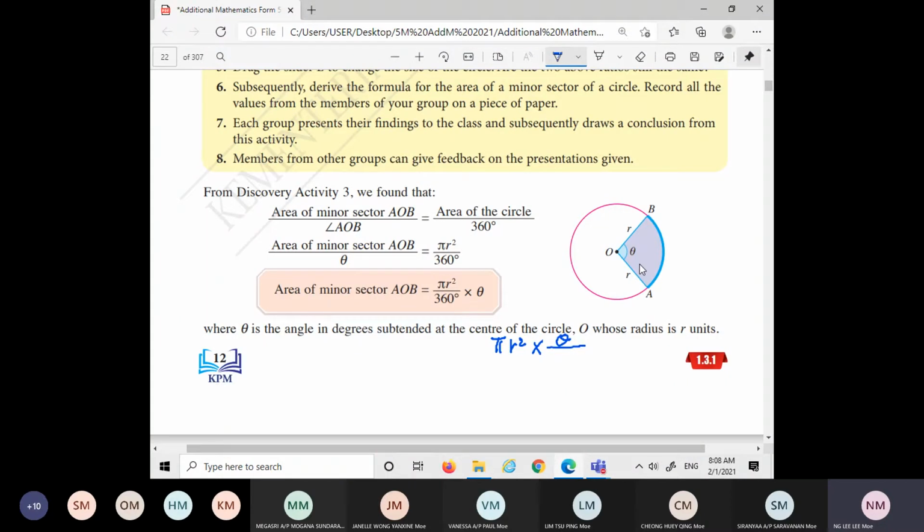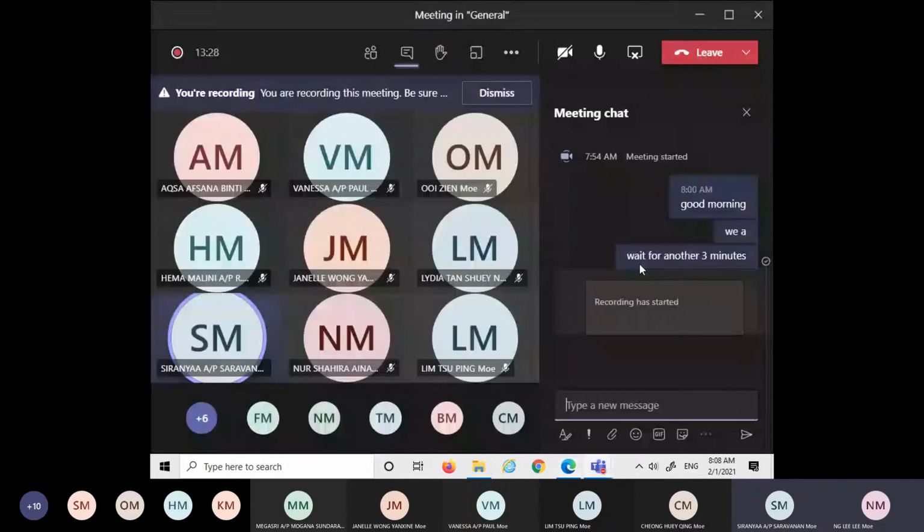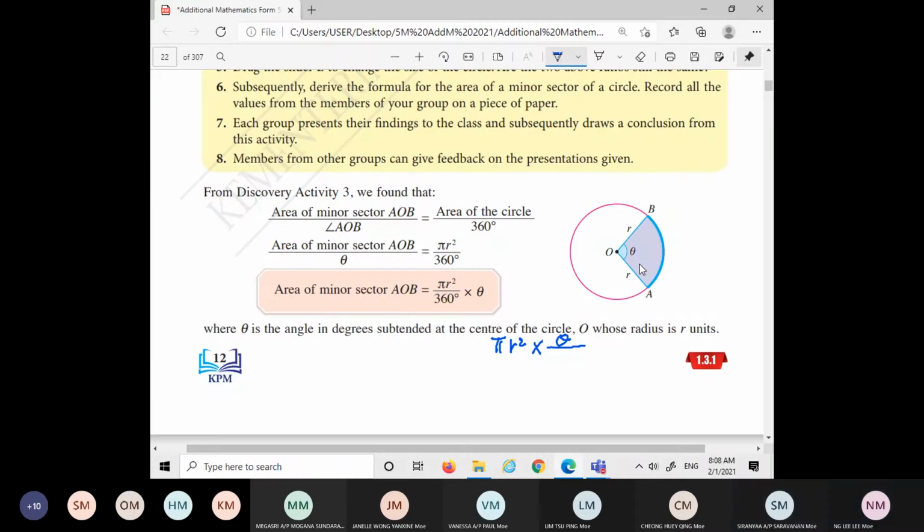What is the total angle of the full circle in degrees? Siranya? 360. Okay, divide by 360 degrees. This is what you learned during lower form. So this angle theta is in degrees, over 360 degrees.